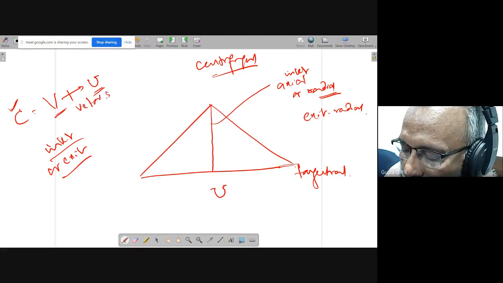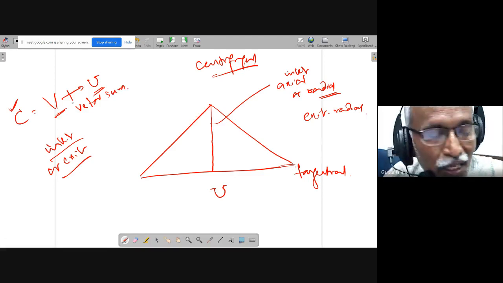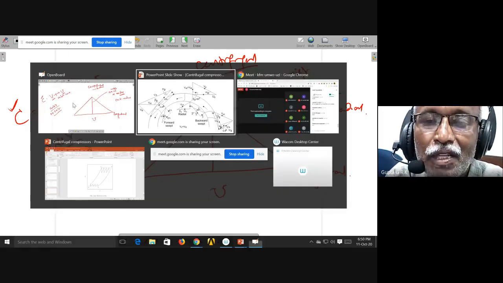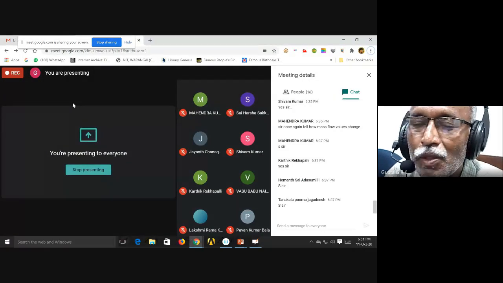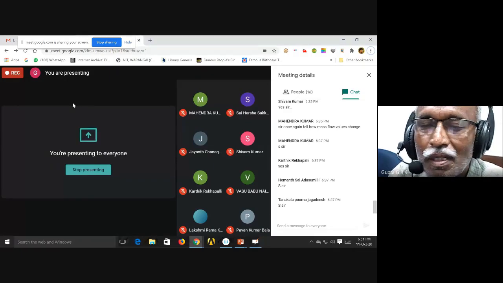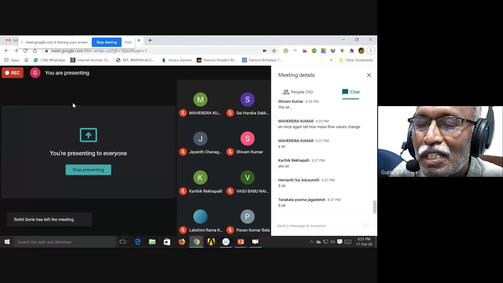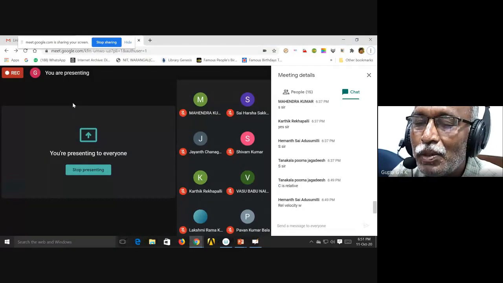This is vector sum of v. I don't know what terminology you use. What notation do you use for relative velocity and for absolute velocity? Can you tell me? Because in books they use different terminology.